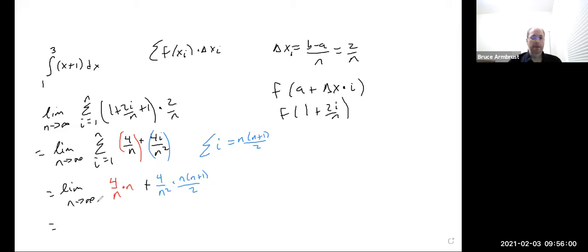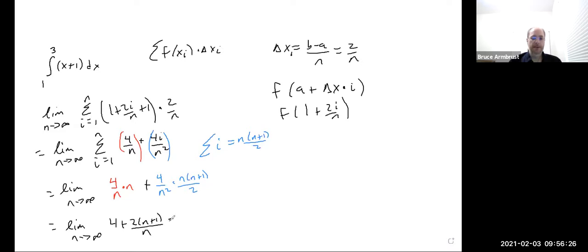All right, so let's simplify this a little bit. So it's going to be the limit as n goes to infinity of 4, because the n's cancel. And then over here, I'm going to get plus 2 times n plus 1 over n. The 4 and the 2 reduce. One of the n's cancels.